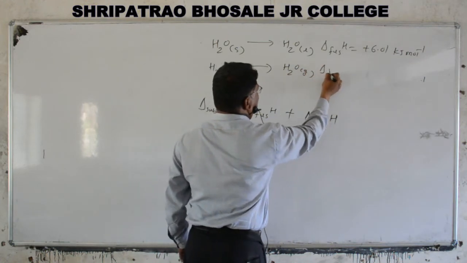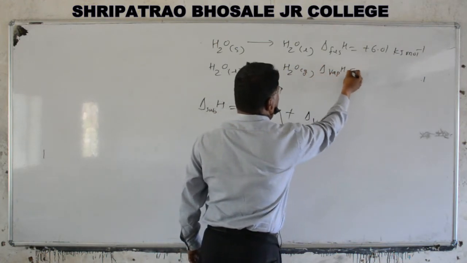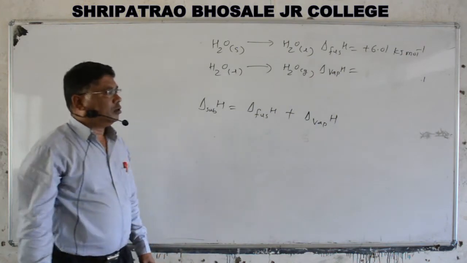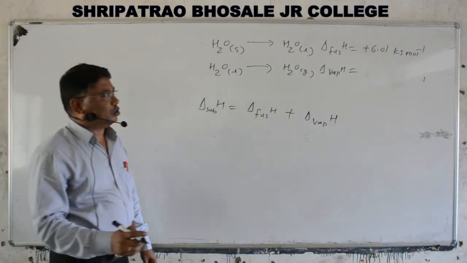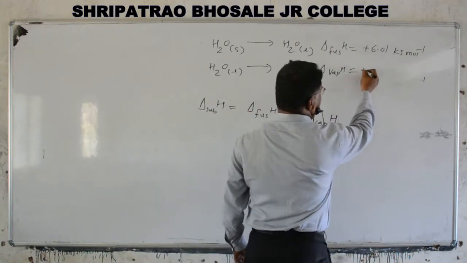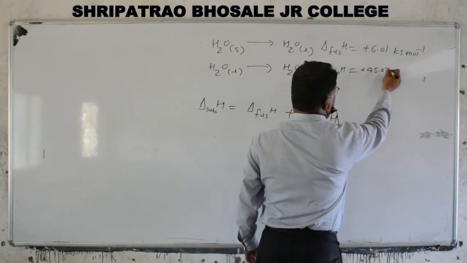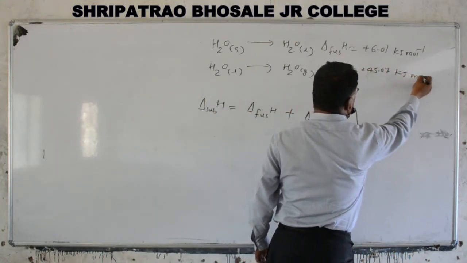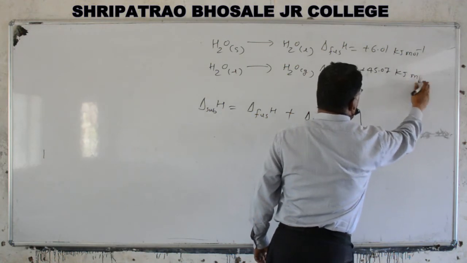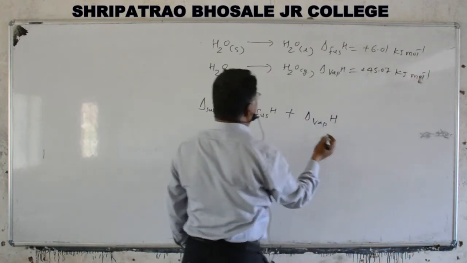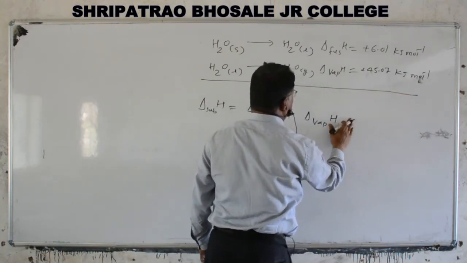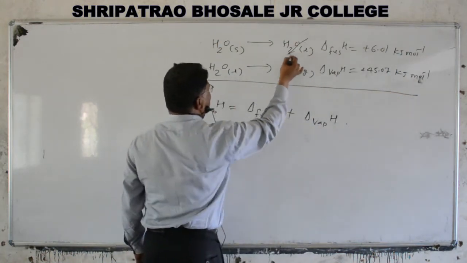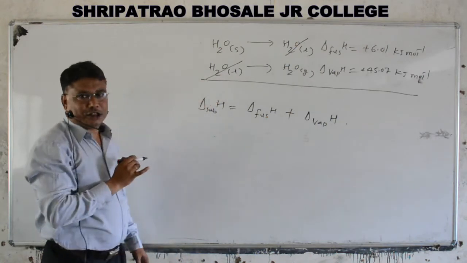Here enthalpy of vaporization is equal to plus 45.07 kilojoule per mole. Here, in the sum of these two reactions, H2O liquid gets cancelled.